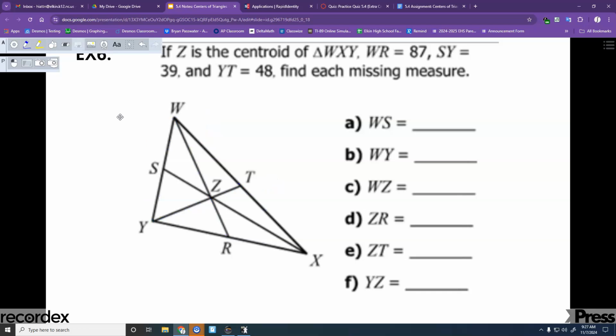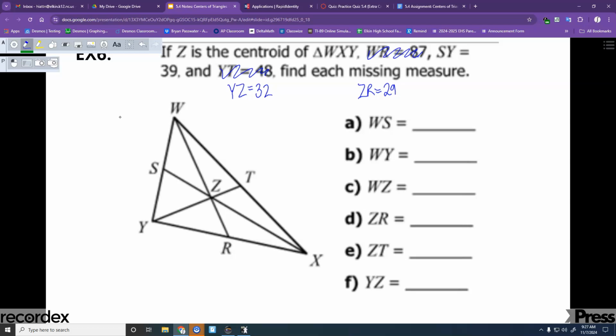Let's say right here, ZR is 29, and instead of YT, let's do YZ equals 32.